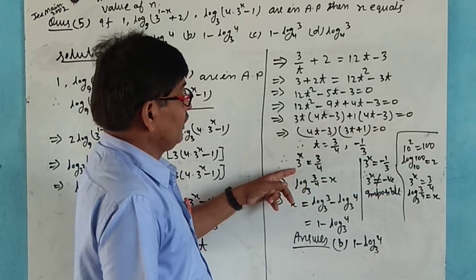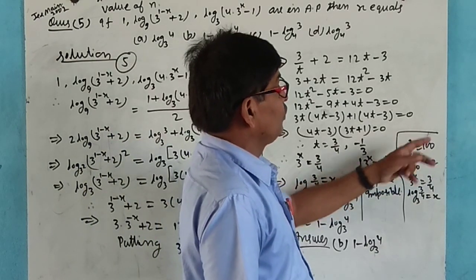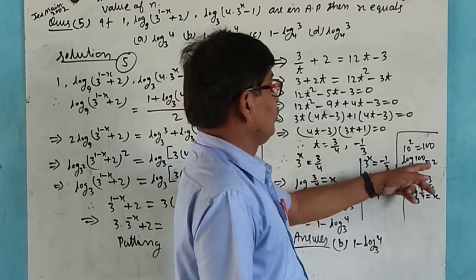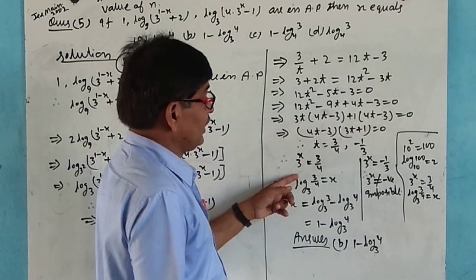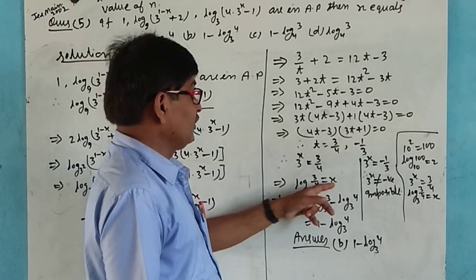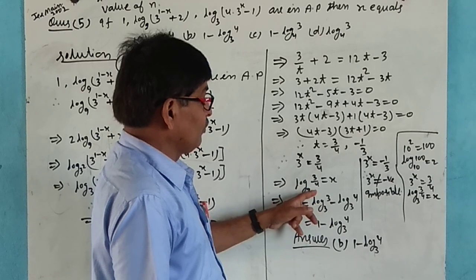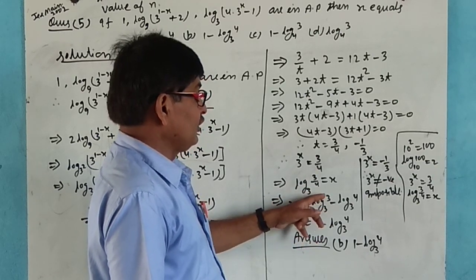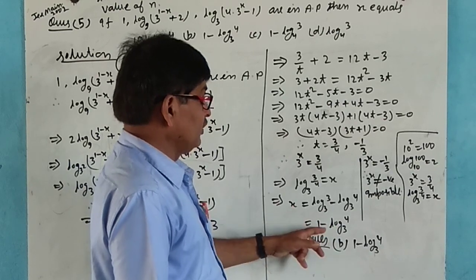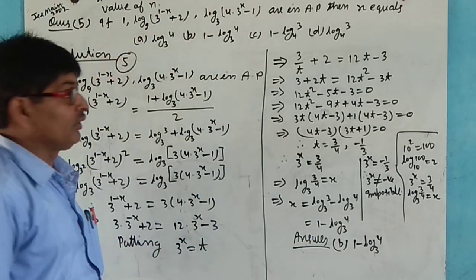This can be written in log form as 10 to the power 2 is equal to 100, so log 100 base 10 equal to 2. In a similar way, we can write log 3 by 4 base 3 is equal to x. Log m by n is equal to log m minus log n, so this is equal to 1 minus log 4 base 3, and x is equal to 1 minus log 4 base 3.